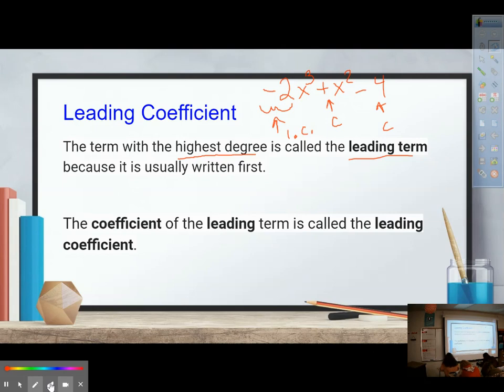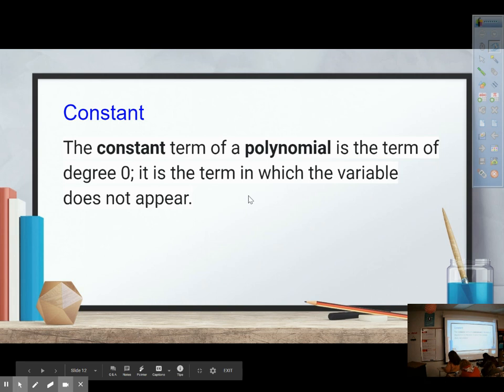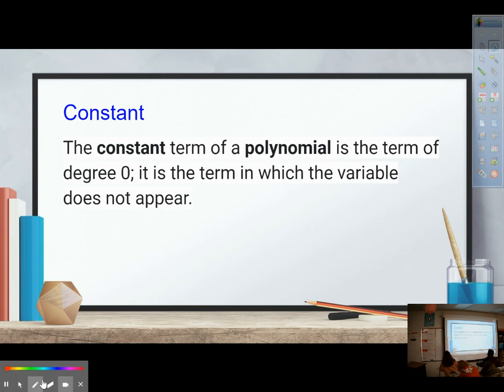All right, and then the next term is your constant. We've already kind of talked about that. The constant term of a polynomial is the term of degree 0. That means there's no variable there. It is the term in which the variable does not appear.